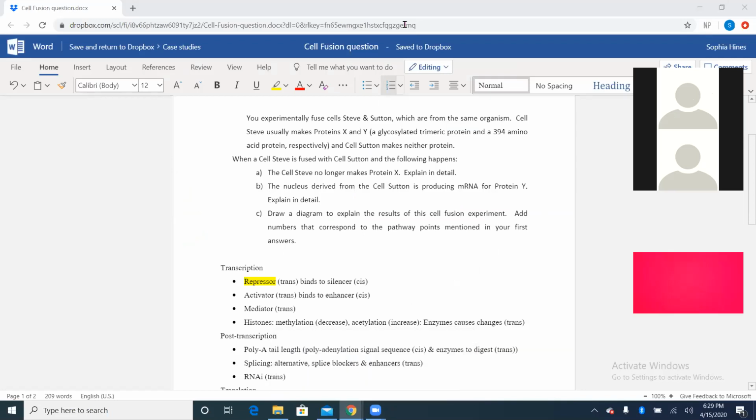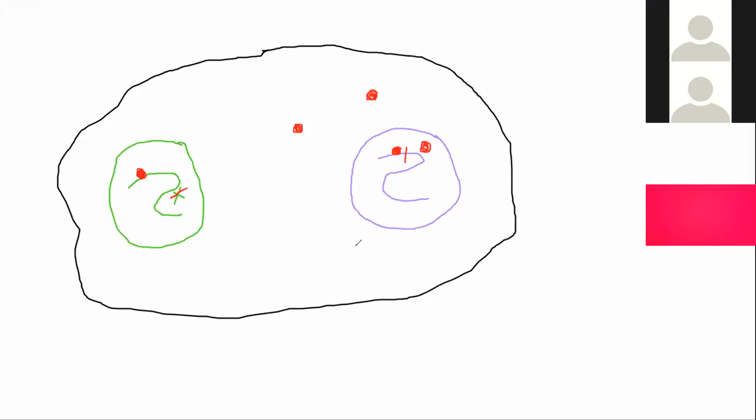You can use it, or you could do a Paint or PowerPoint or however you want to do it instead. I don't care how you do it, but you could even zoom in only to this spot and say a repressor from cell Sutton is now binding to the silencer sequence in cell Steve to turn off gene X. That's all we need to do.